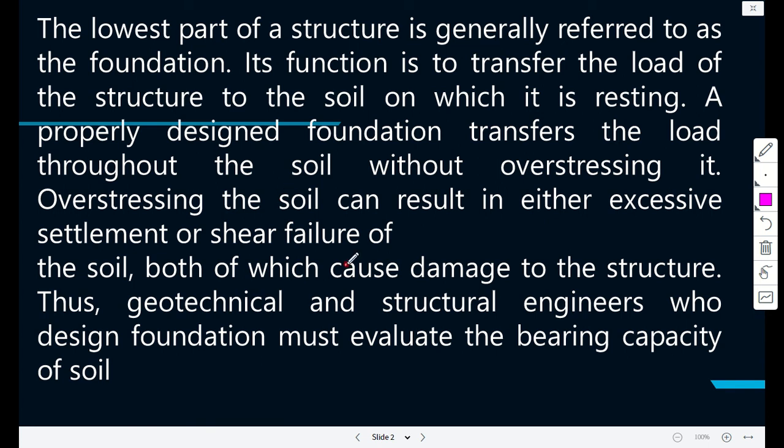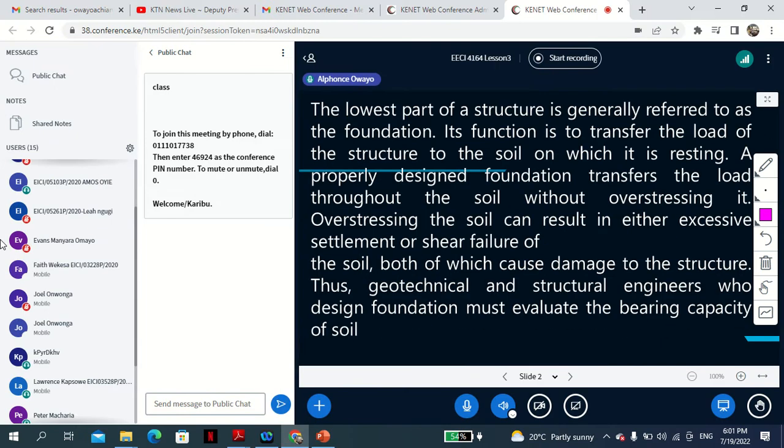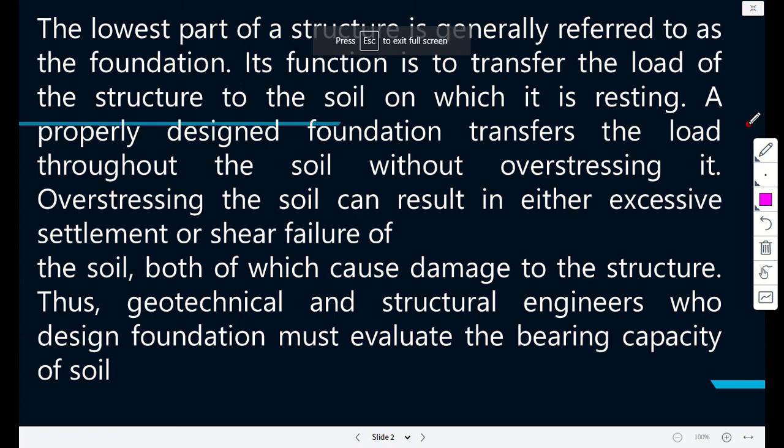Overstressing the soil can result in excessive settlement or shear failure of the soil, both of which cause damage to the structure. Every material, if you apply loads beyond its capacity to carry it, of course it's going to fail, and that's what we are saying here.